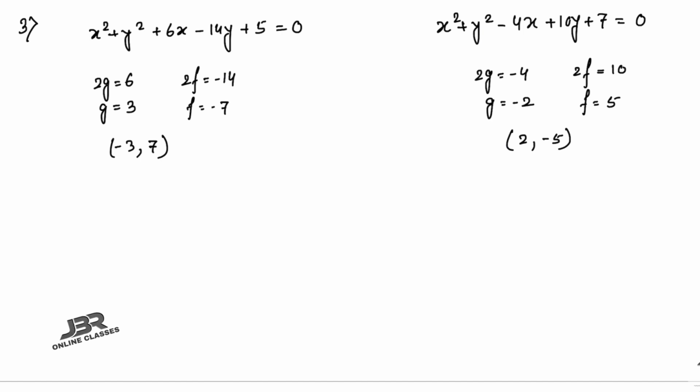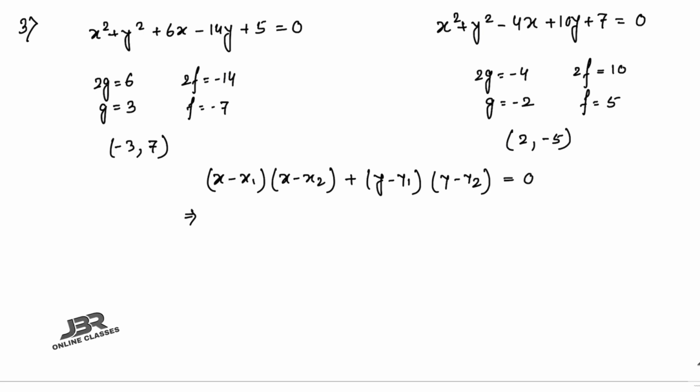Now you have to find the equation. So we know the formula for the equation of the circle: (x minus x1)(x minus x2) plus (y minus y1)(y minus y2) equals 0.